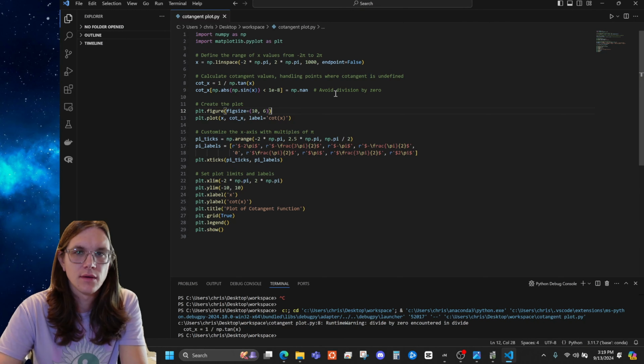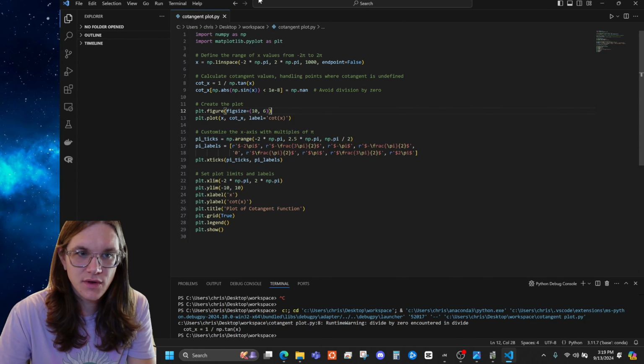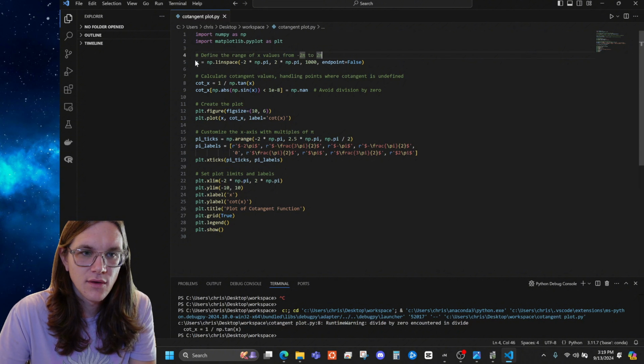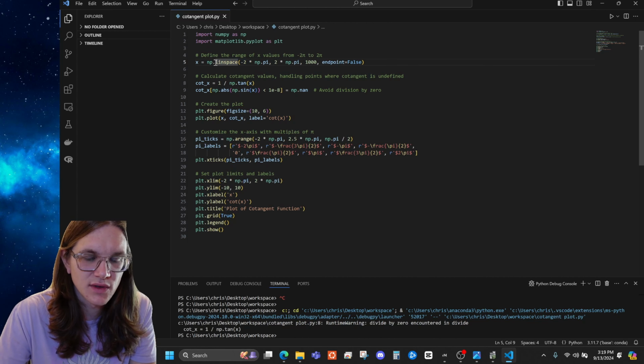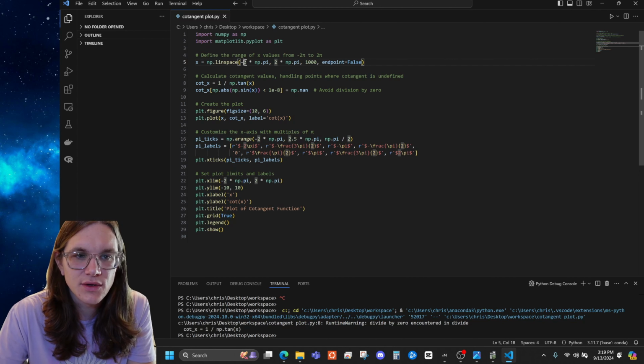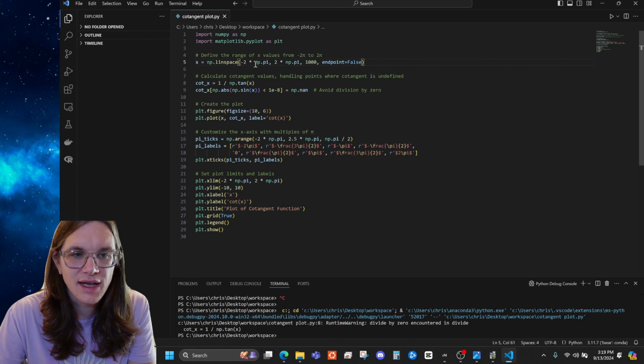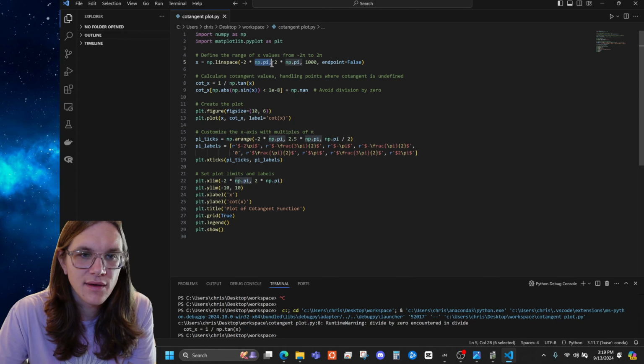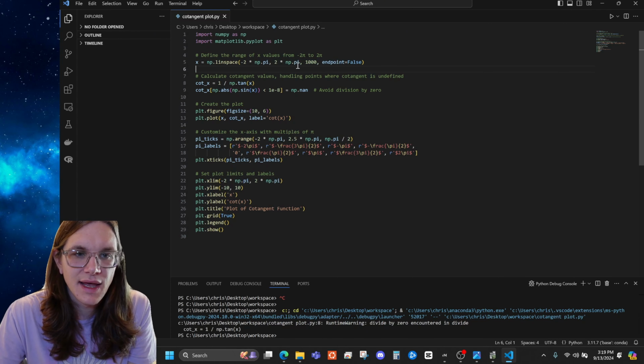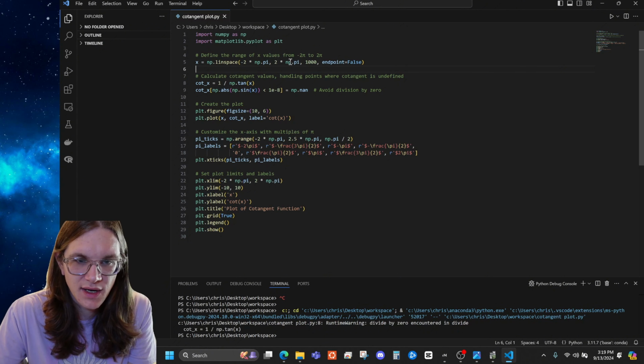Okay. So what we've done here is first we're going to say x gets some set of points. That's what np.linspace does. X gets some set of values between -2 pi, that's what np.pi is, and +2 pi. And then it's going to make 1,000 of those points.